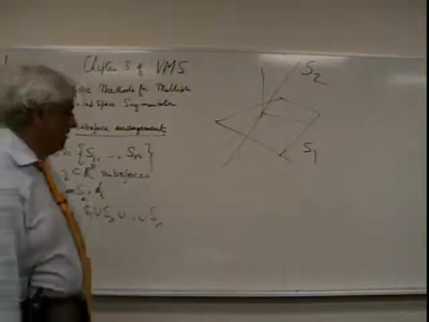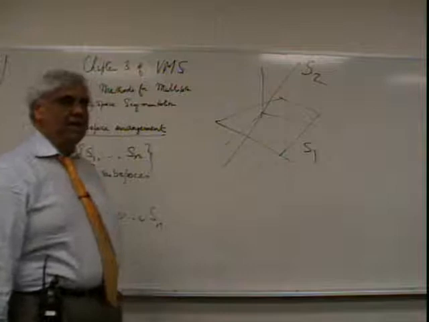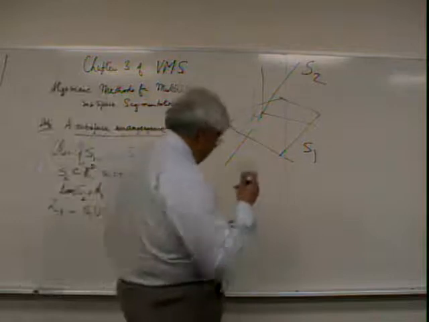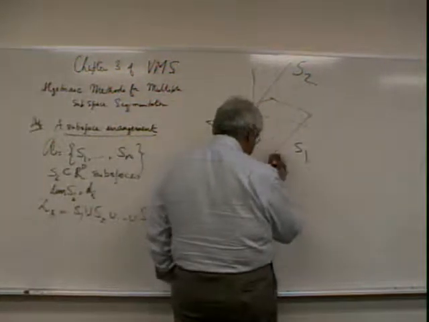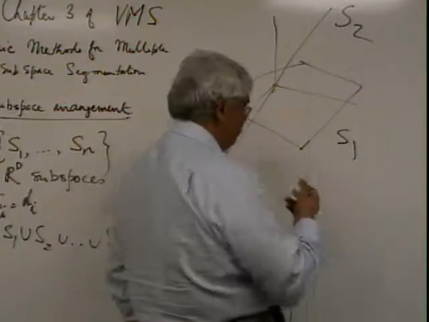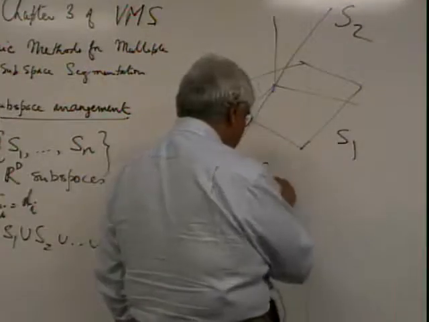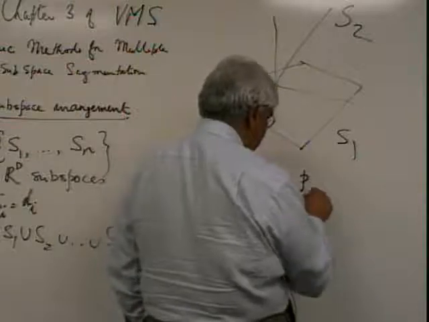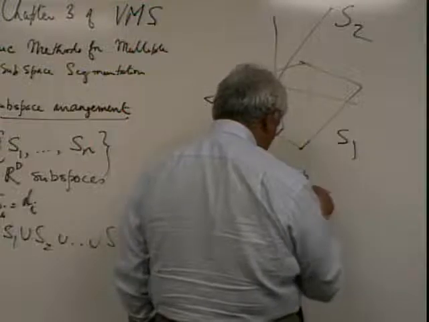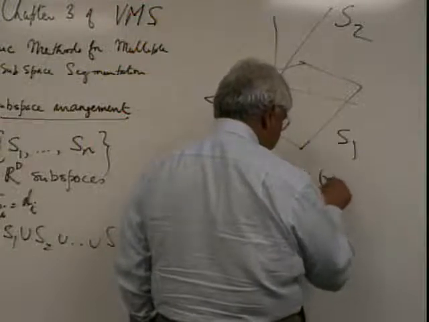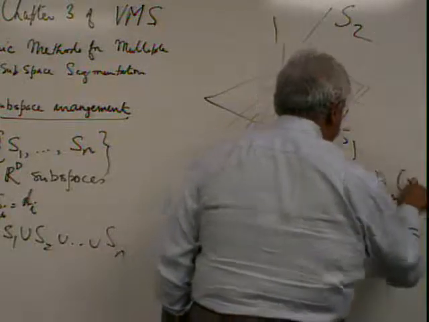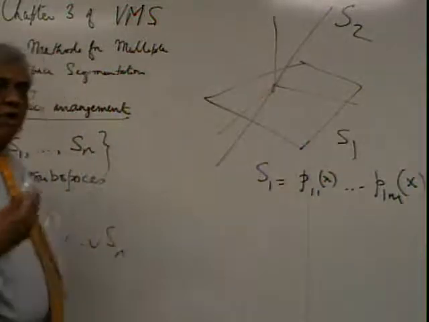It's, however, an example of what is called an algebraic set. And let me talk a little bit about this. So the notion is that in algebraic geometry, the way you represent S_1 is you say that there's a polynomial or a set of polynomials, I'll call it P_S1, a set of polynomials p_11 up to p_1m of x that vanish on the subspace.